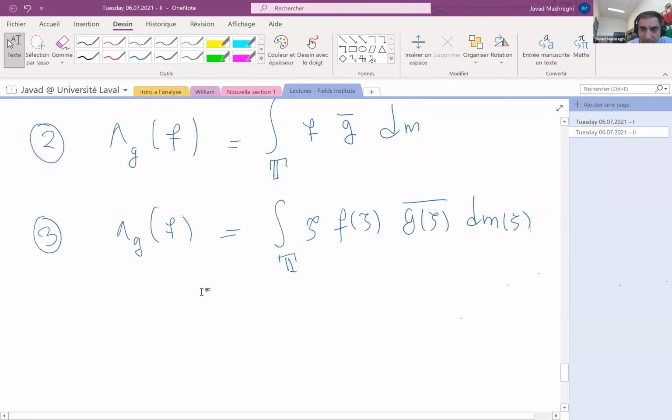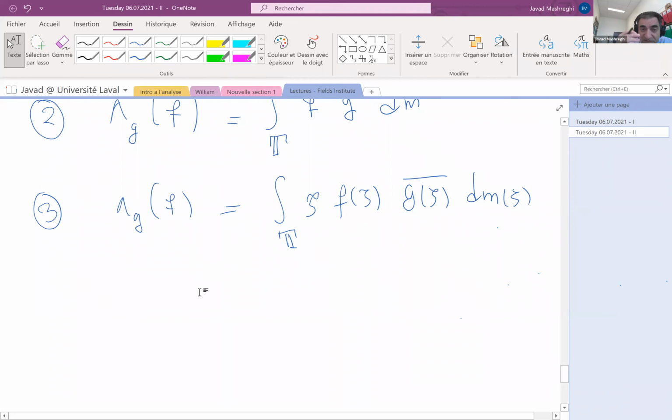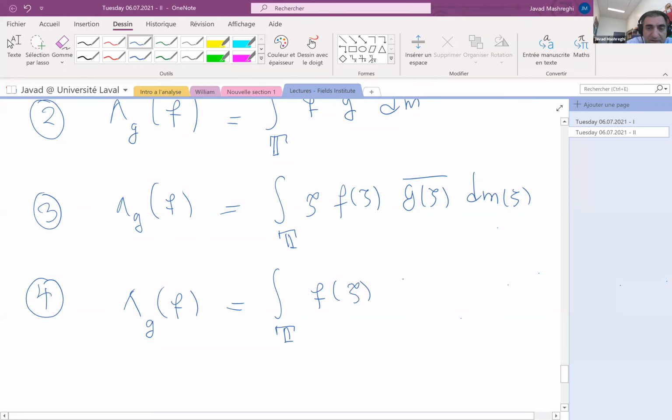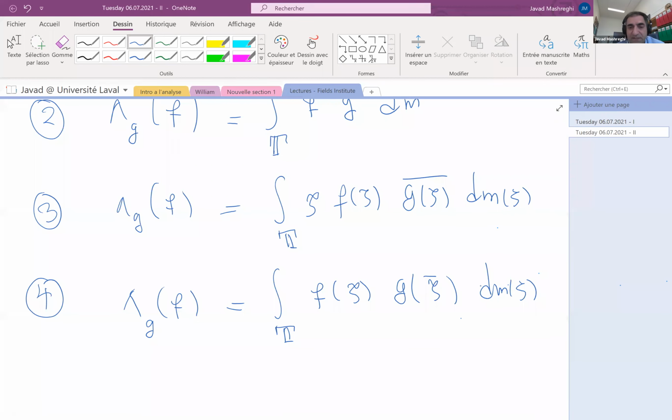And also the last one, which indeed is not the last one that appears in the literature, it's the last one which I mentioned. This also can be seen in papers. The integral of f of zeta times g of zeta bar dm of zeta. They put a bar on the zeta, and when we study convolution, there are some cancellations with this formulation, so it is easier to explain the final result.